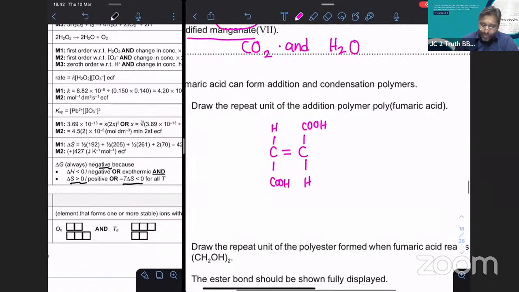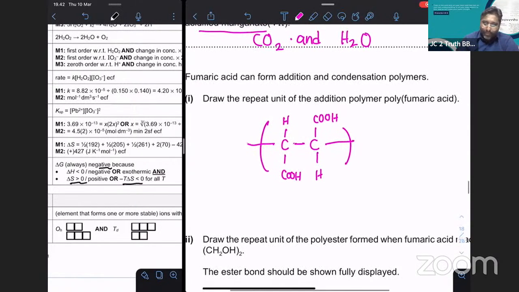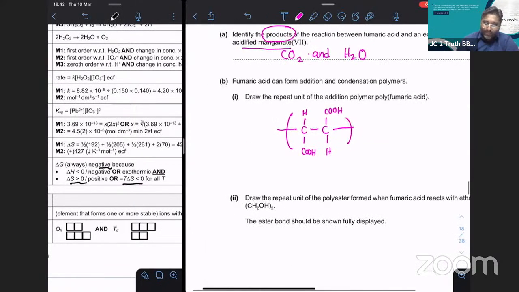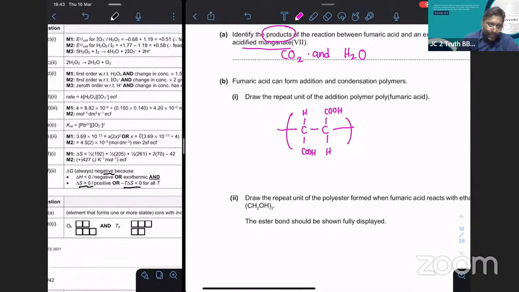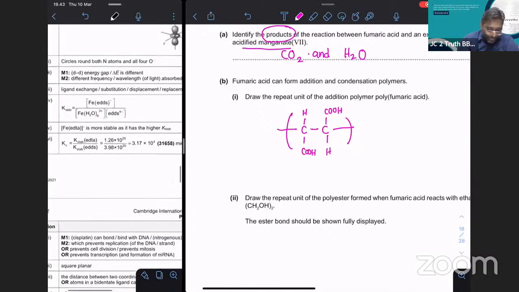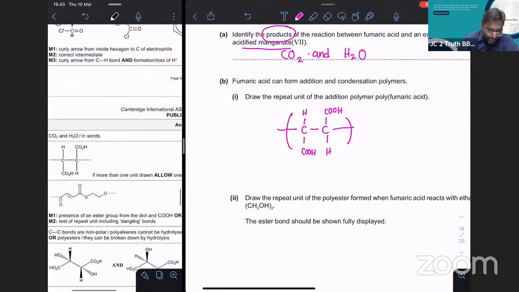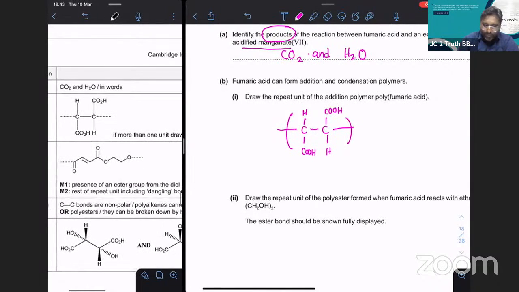So for the repeat unit, the double bond is going to be broken, so you just need to put like this, and like this. So this is the repeating unit. The answer also, let me check. Yes, this is the repeating unit.